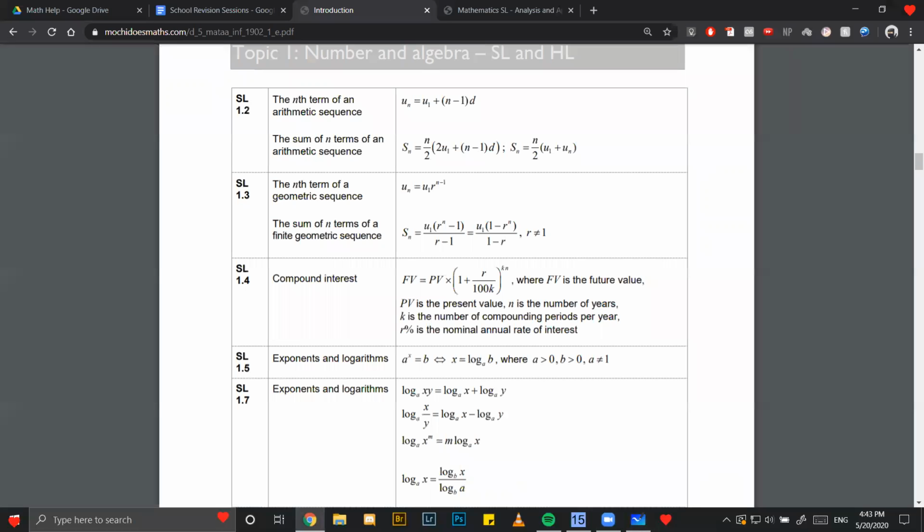So you start off with some principal. Why do they call it PV? Okay, whatever. So PV is the principal value. What the principal value essentially is, is U1. That's the starting term.